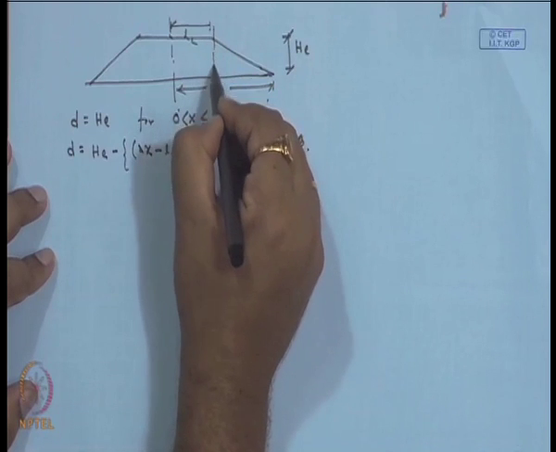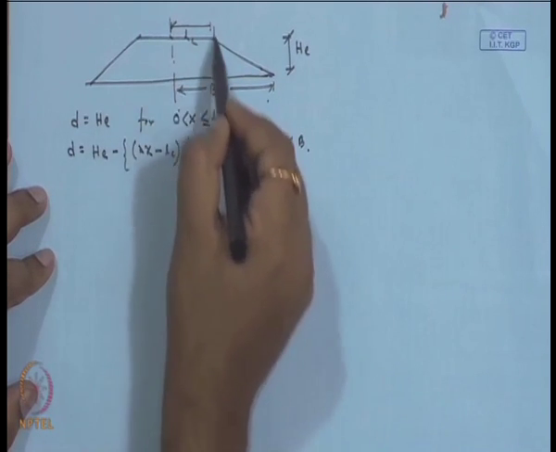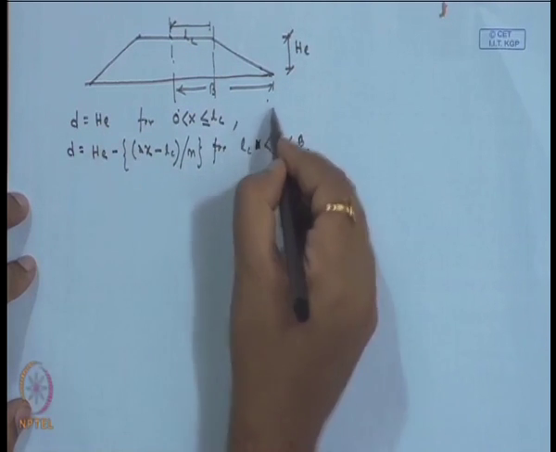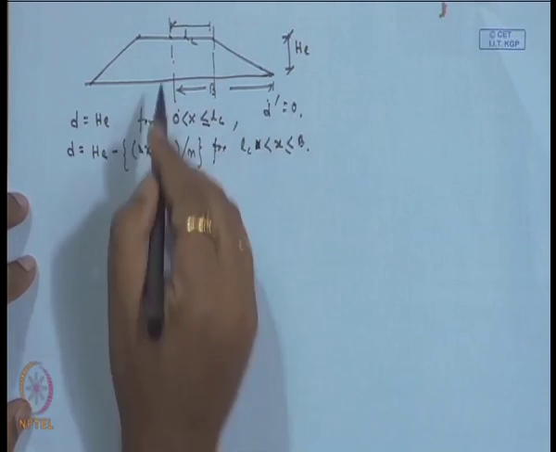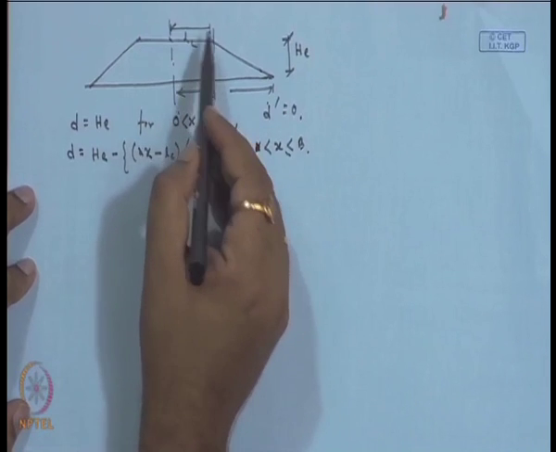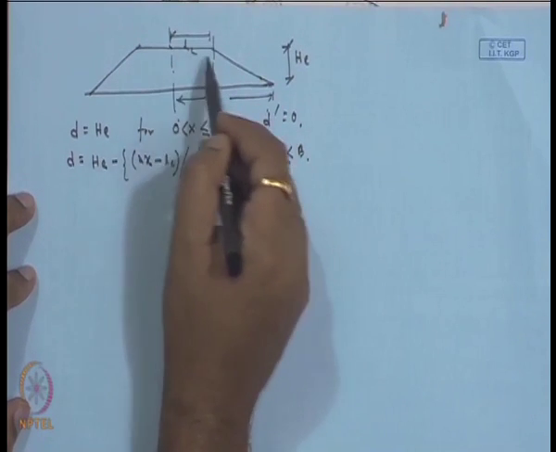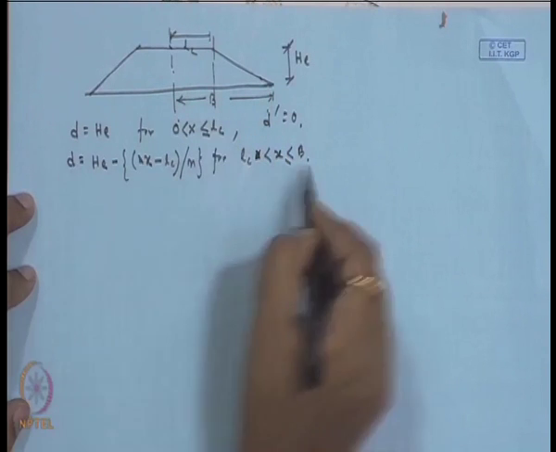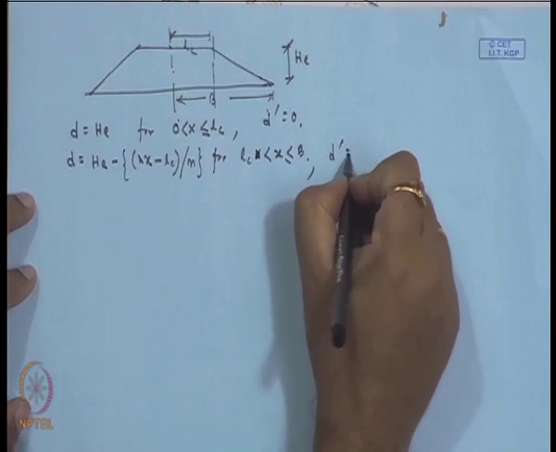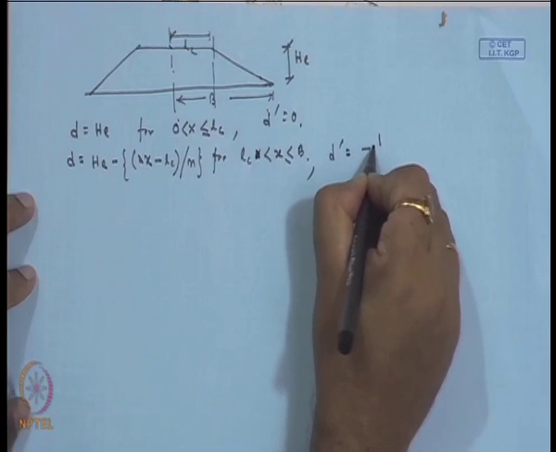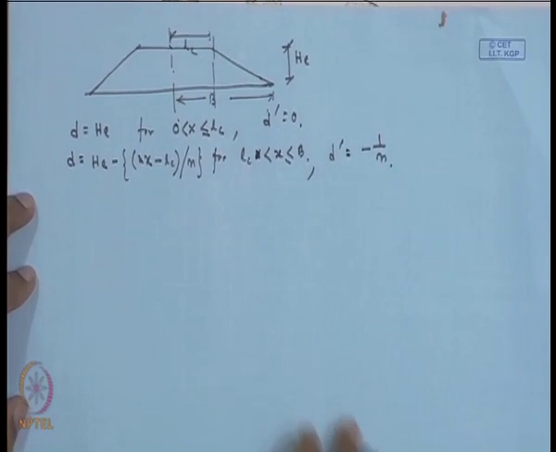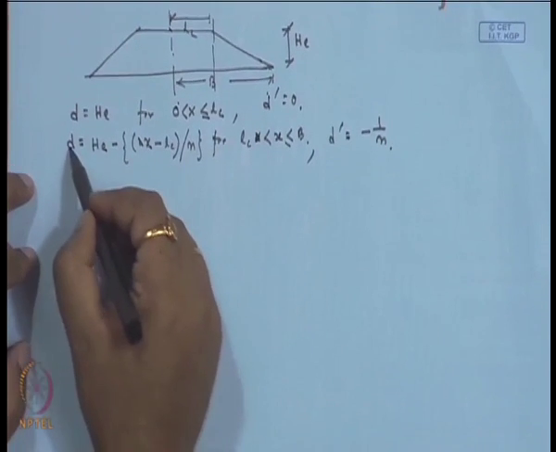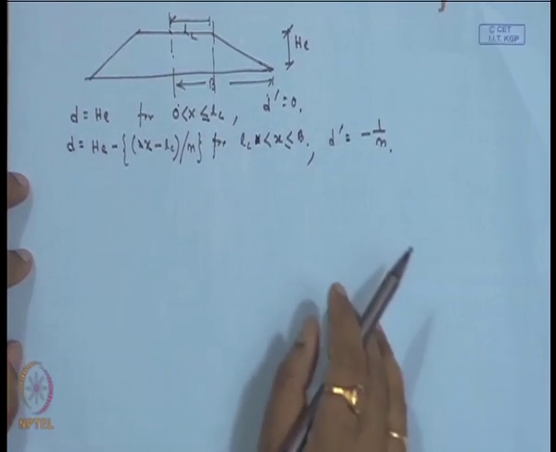So if x is within the first region, then d is equal to H E and d dash is equal to 0, because the depth is not changing. But in this region, d will be this expression, and the d dash value will be minus 1 by n. So now we get d and d dash for the different conditions.